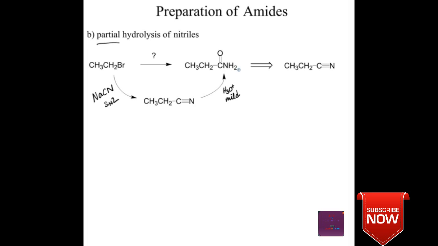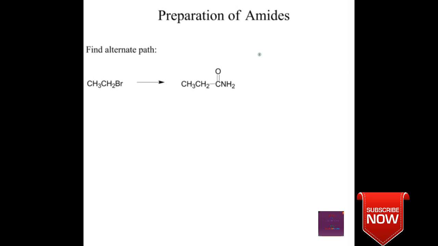So this is another way that we can make an amide, thinking in terms of a retrosynthesis, going back, doing a functional group interconversion back to a nitrile instead. What would be another way that we can do this transformation? We see we have two carbons here, and we're adding this one carbon that ultimately would be an amide functional group. Let's think of another possibility.